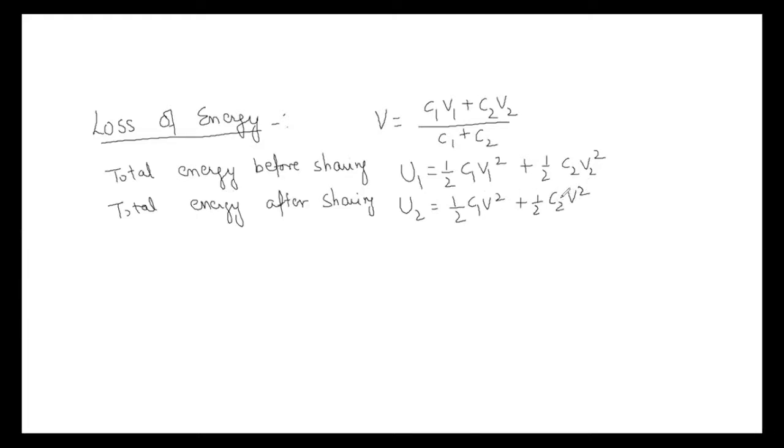Because both of them reach the same potential. So this can be written as half (C1 + C2) into V squared. Let's substitute this V. So U2, the energy after connecting by a conducting wire, is equal to half (C1 + C2) into ((C1V1 + C2V2) upon (C1 + C2)) whole squared.